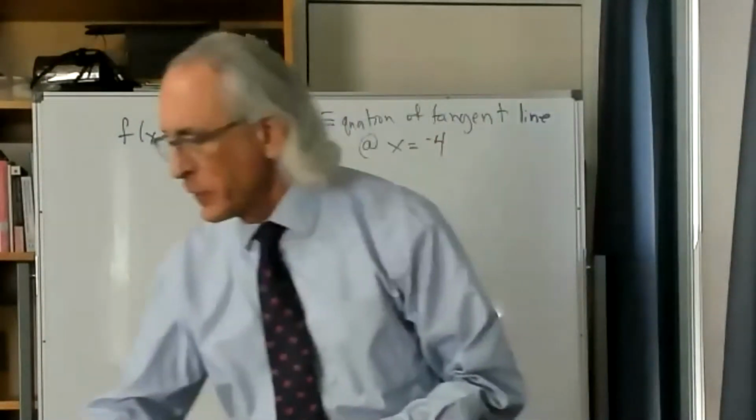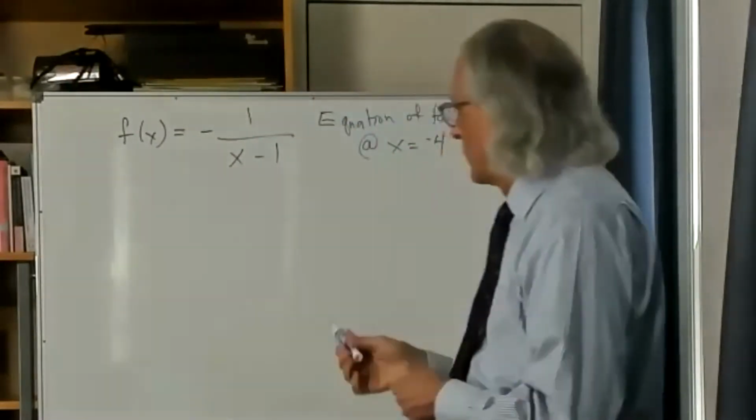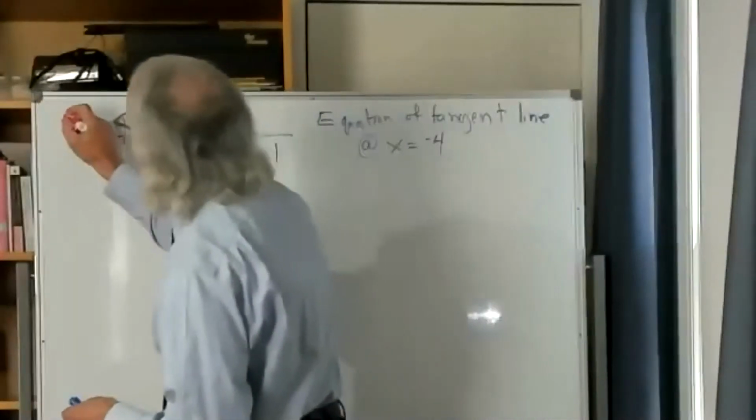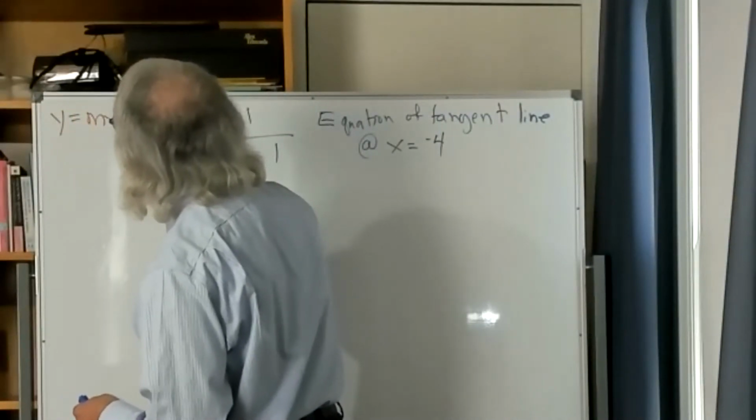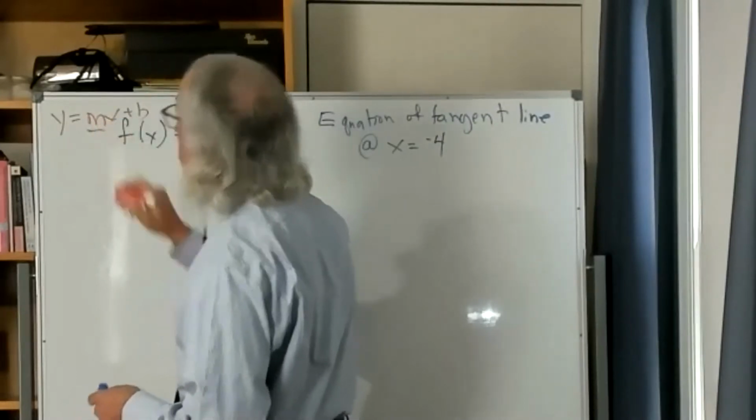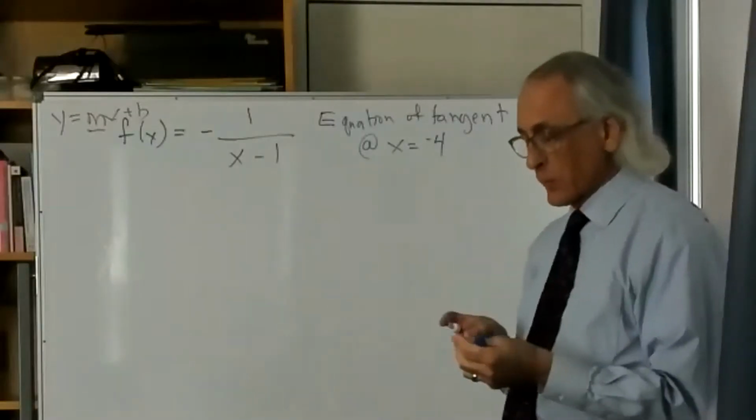Jordan, formula for the equation of a line. Y equals mx plus b. We can use that one for the time being. And what does m represent, Jordan? The slope. That's right. M represents the slope.